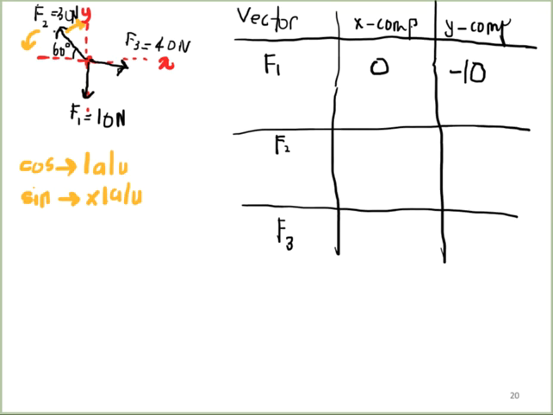So we resolve F2 in the x component first. To resolve F2 to the x component, the direction will be to the left. Because the direction is left, the x component will be negative. The amount is 30 Newton, and it is passing by the angle, so it will be cos, and the angle is 60.